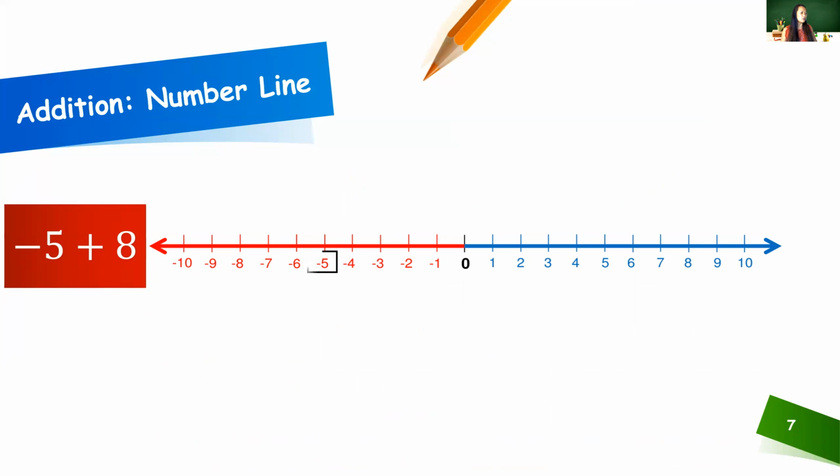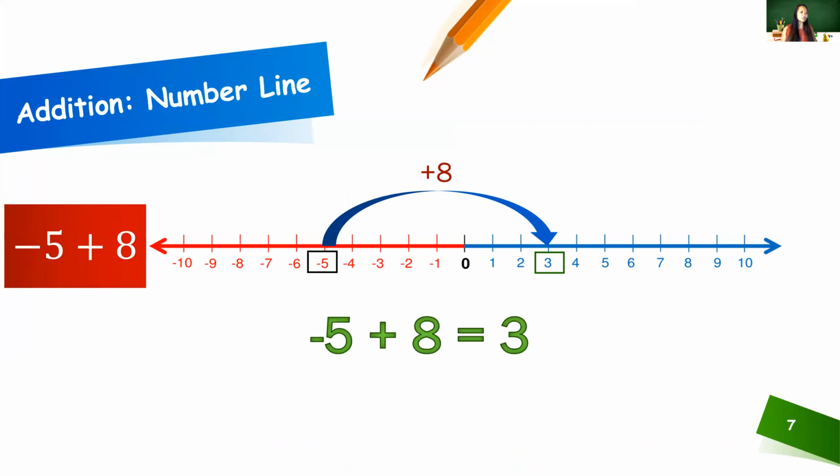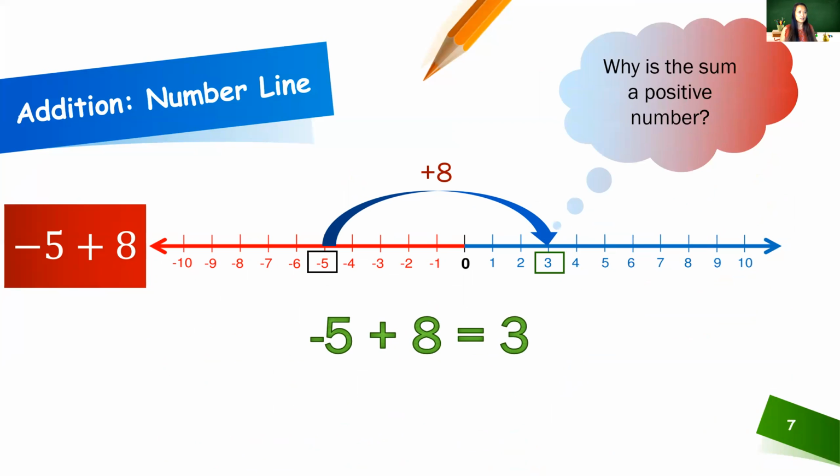You are going to start at -5, move forward 8 units, and you will end up at 3. So we say -5 plus a +8, the result is +3. So why again is that sum a positive number? Well, you have moved forward from -5. When you move forward 8 units, you have passed the neutral zone, which is 0. So you end up in a positive number.